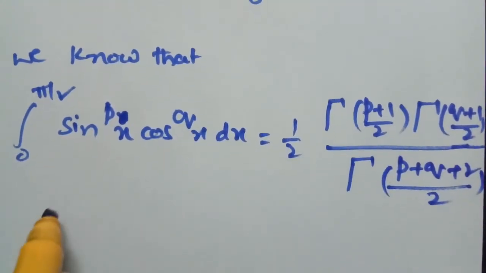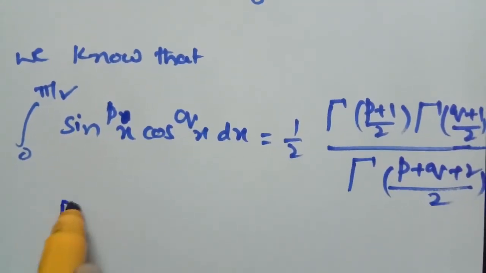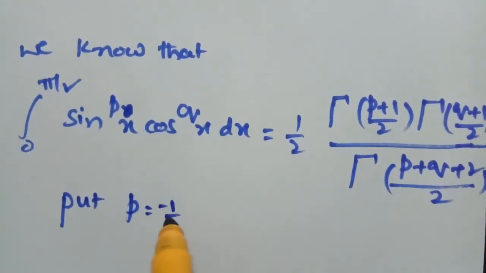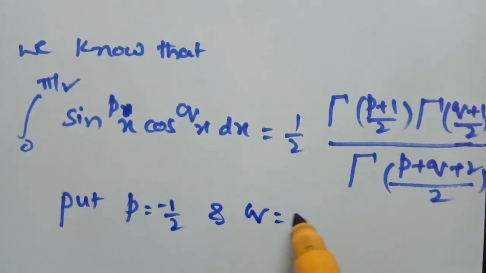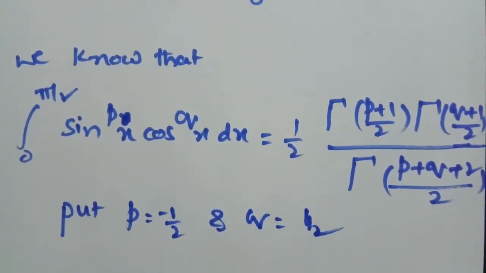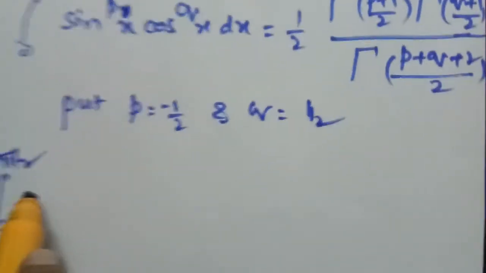Therefore here put p equal to minus 1 by 2 and q is equal to 1 by 2. In our problem there is a theta, so we also continue with the theta only.